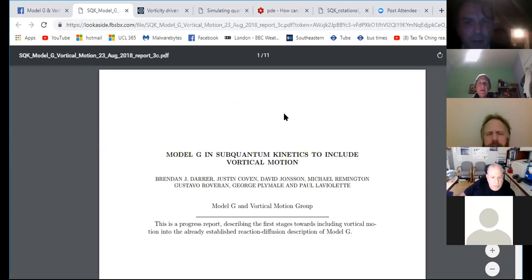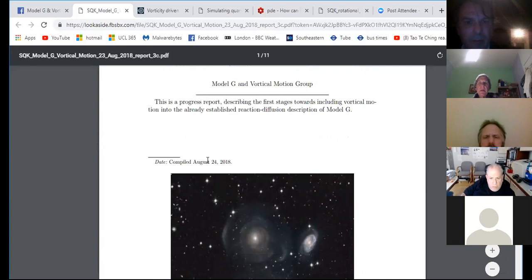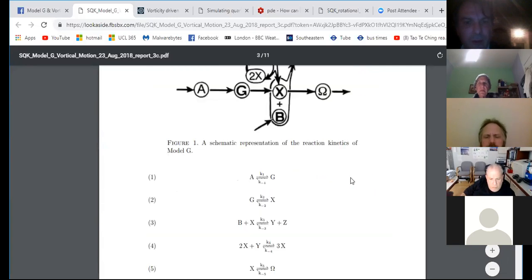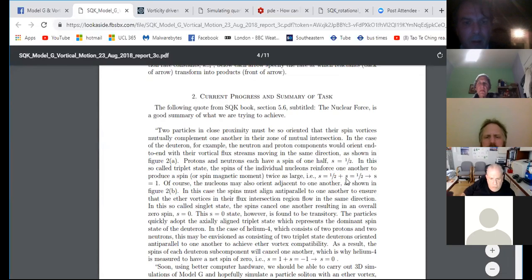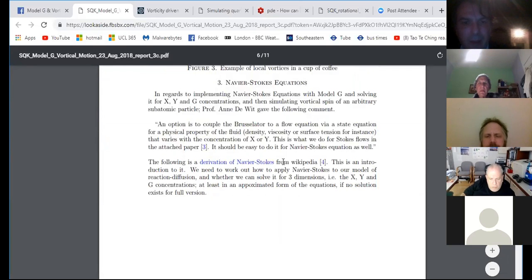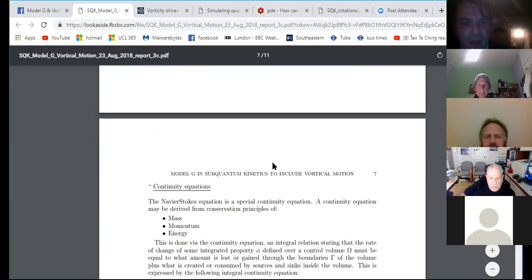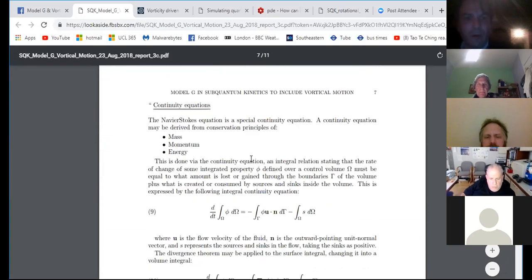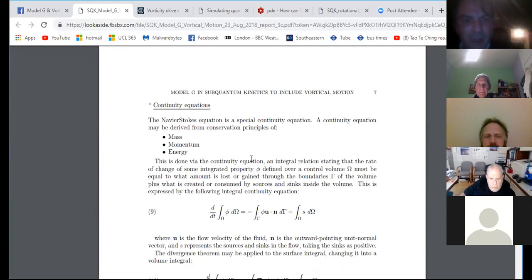This was the one that I wrote back in August 2018. Here I cut out and copy-pasted from Wikipedia and made a reference to Wikipedia. This is Anne Witt talking about Navier-Stokes. Navier-Stokes is what is used for fluid dynamics and is also related to the Brusselator.